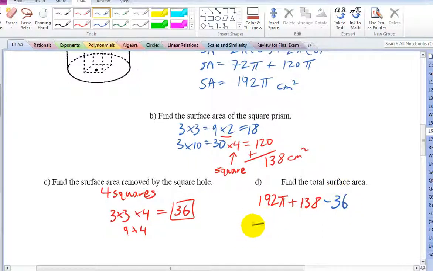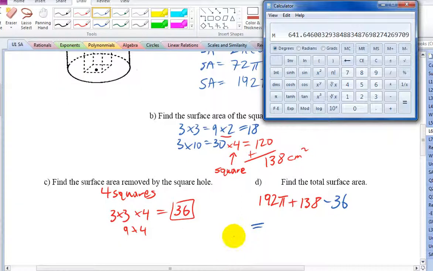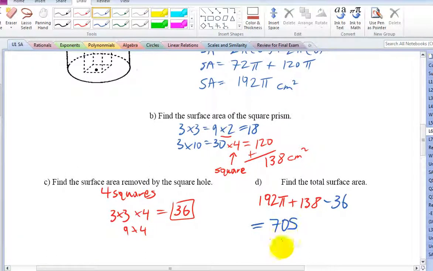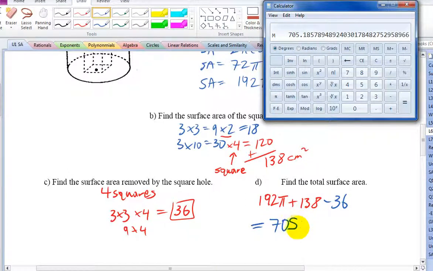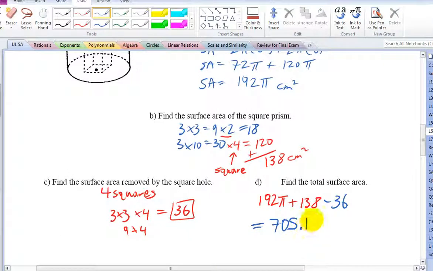Okay, go to your calculator, find an answer. Okay, round to 2 decimals.